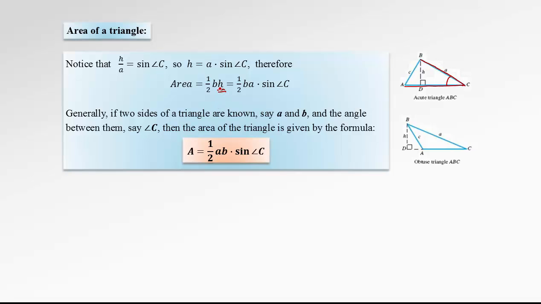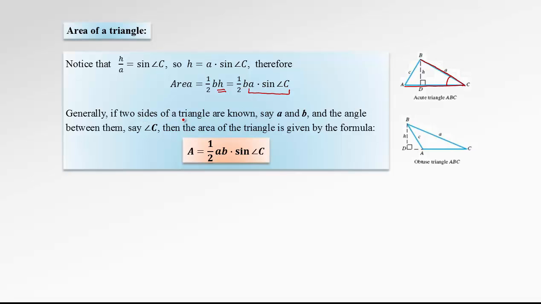It's enough to replace h by the formula A times sine C, right? So this is our h in the formula. And we end up with 1/2 b A, or AB, times sine of the angle C.